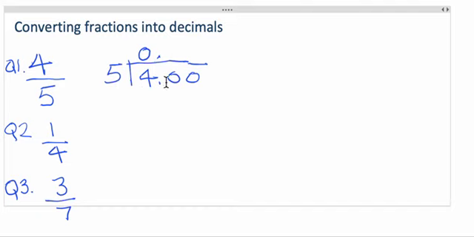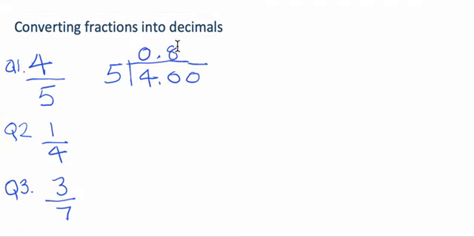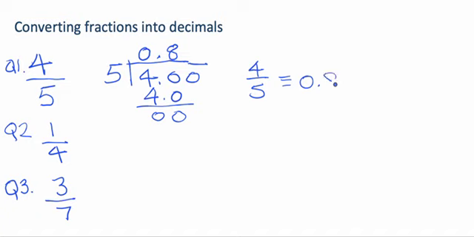The 4 carries on, now it becomes 40. So how many times does 5 go into 40? And the answer is that it goes 8 times. 8 5s are 40. So if we take one from the other, we see a 0. So that's the end of the equation. So 4/5 is the same as 0.8.